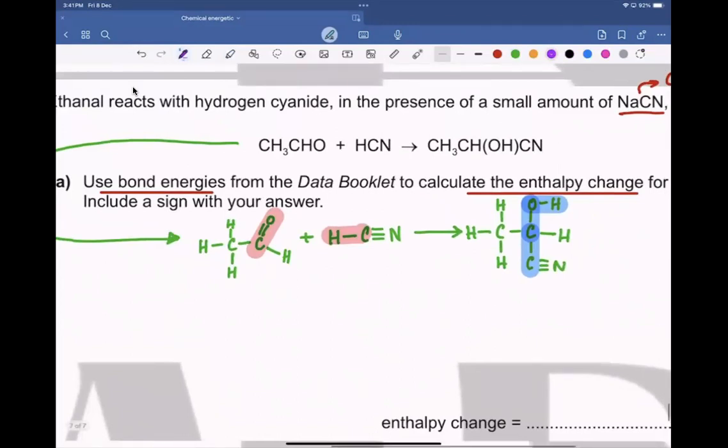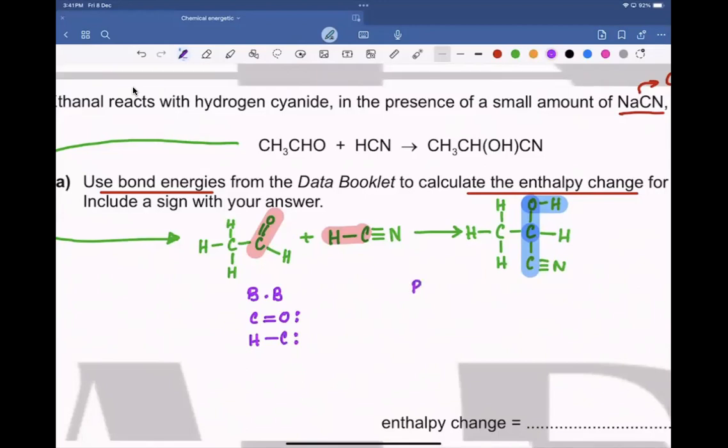Yes, sir. Okay, now if I see the bonds which are broken, they are a carbon oxygen double bond and a hydrogen carbon single bond, right? Yes.